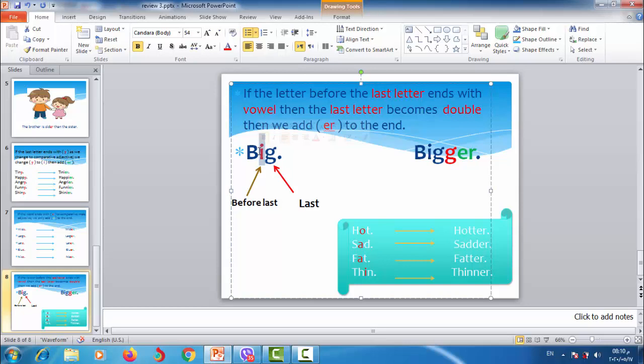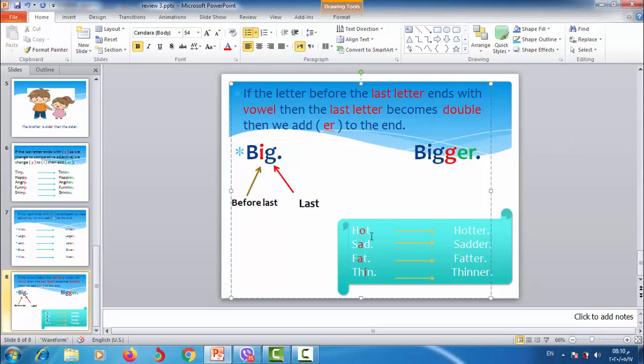What are they? A, E, I, O, U. So if the letter before last is a vowel, then the last letter becomes what? Becomes double. Then we add ER to the end.